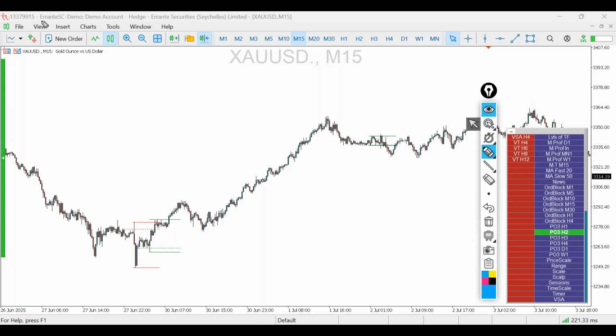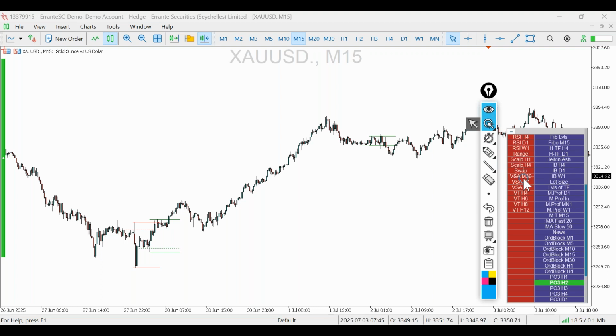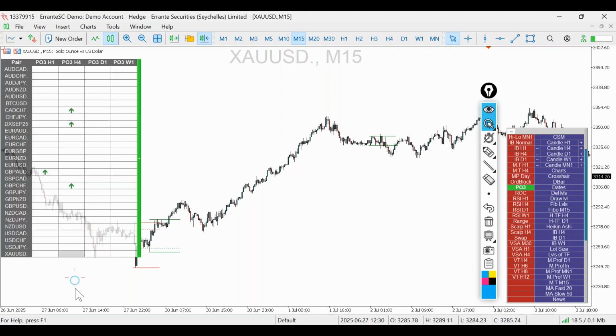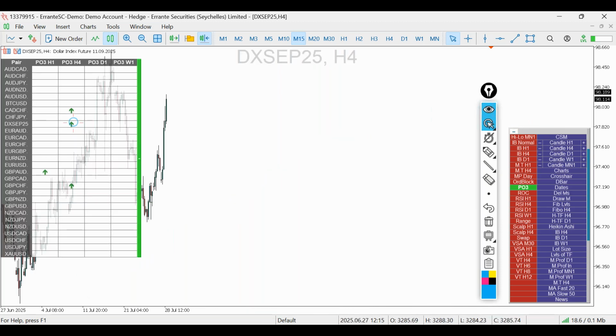Now as we are done with gold, let's see something from the dollar index. Because when I teach someone, I usually look at gold and the dollar index.